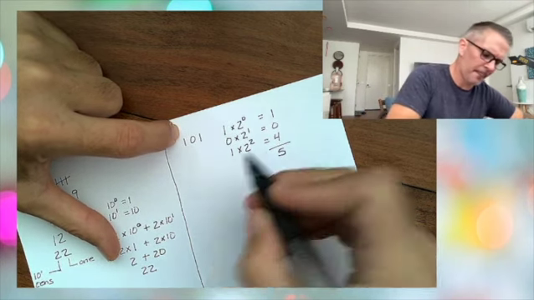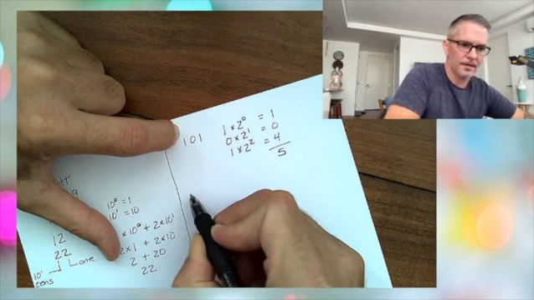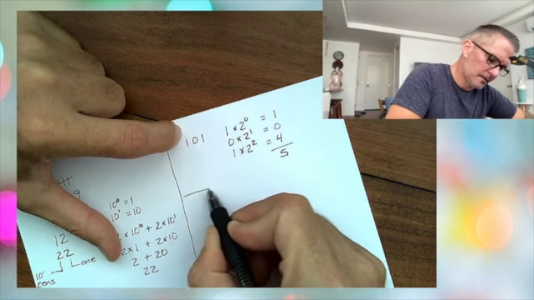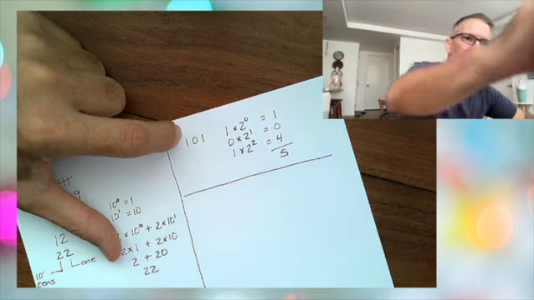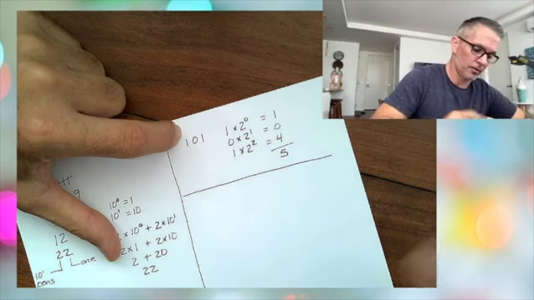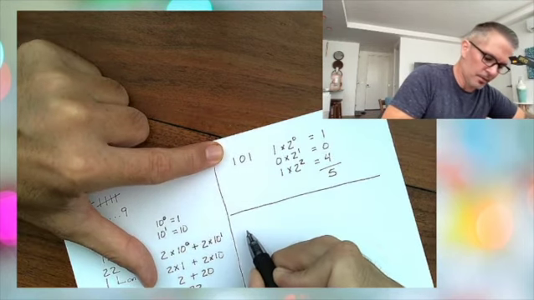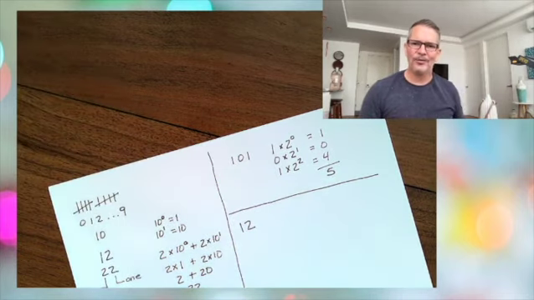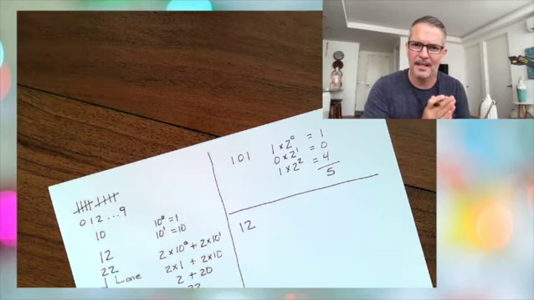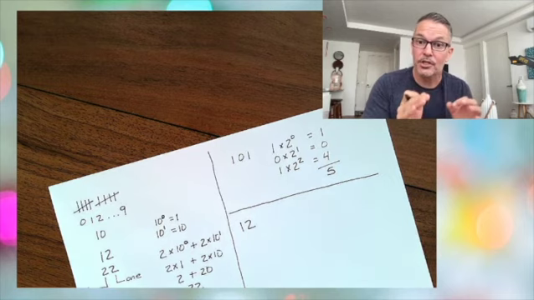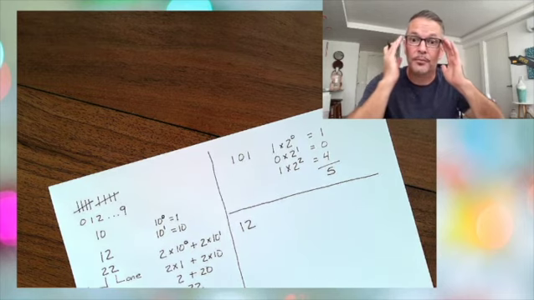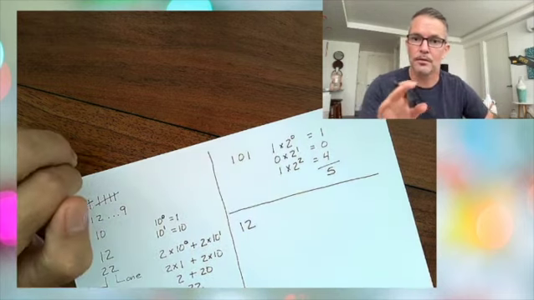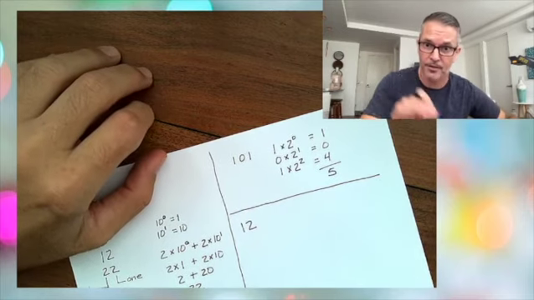Let's look at another example. Let's say I have the decimal number 12, and I want to represent that in binary. Let me show you a mathematical procedure that will perform this transformation.